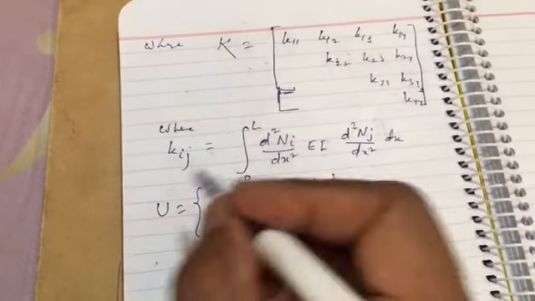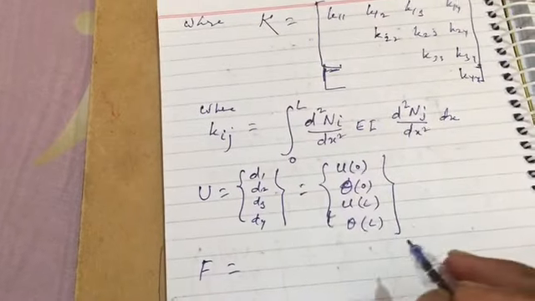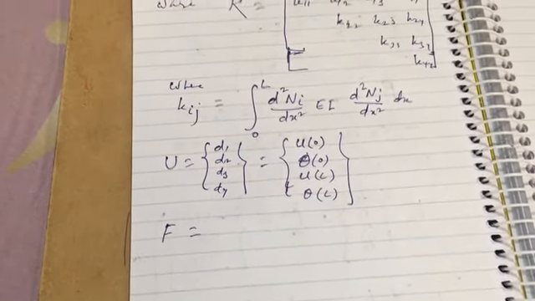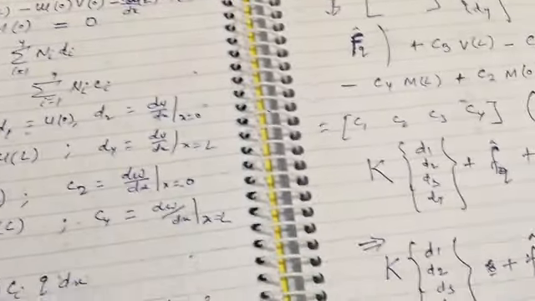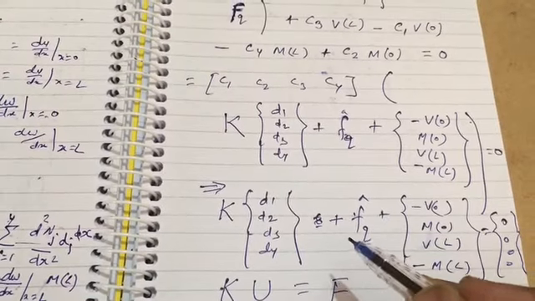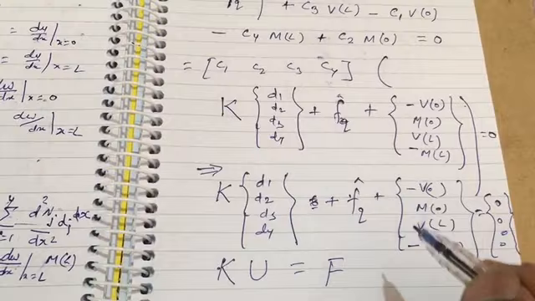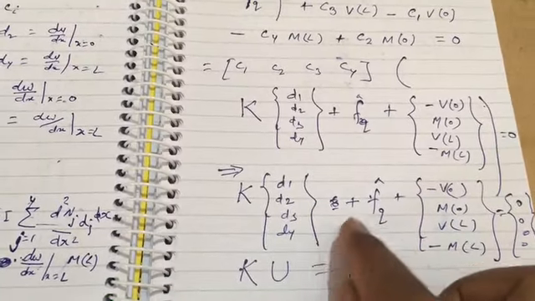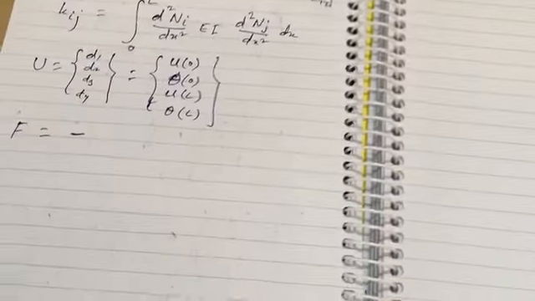So Ku equal to F, and F is equal to two terms. Look at here, so we have minus Fq and this term as well. Let's write this only, and then we will see.